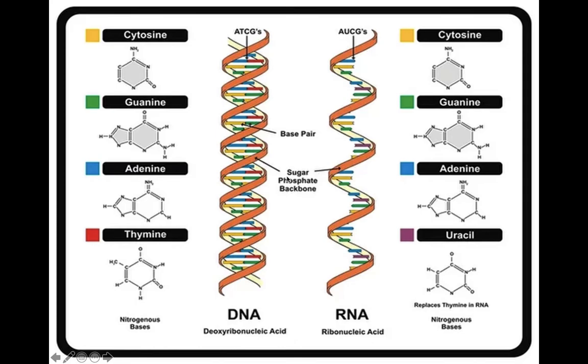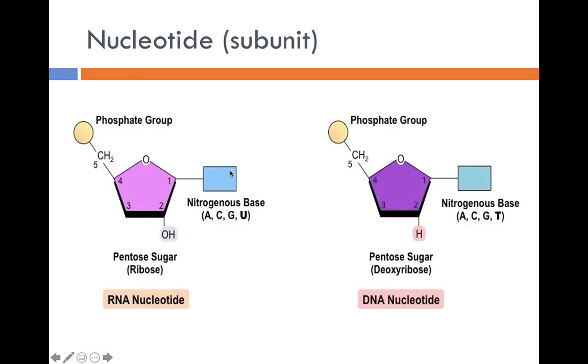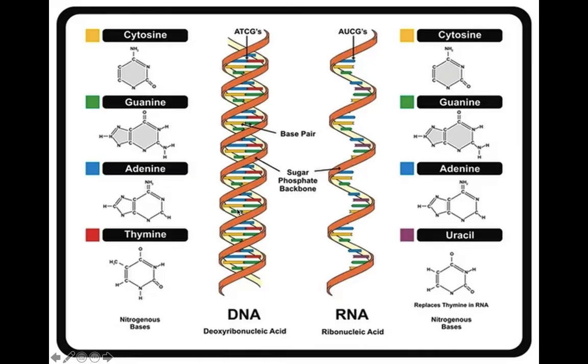Right here in the middle, you see where it says sugar phosphate backbone? That's what this ribbon is. All right, so I'm going to go back one slide. Whenever it says the sugar phosphate backbone, we're saying that that ribbon is made up of this phosphate group and this sugar group. The only thing that's out in the middle are the base pairs, or we can just say the nitrogen bases.